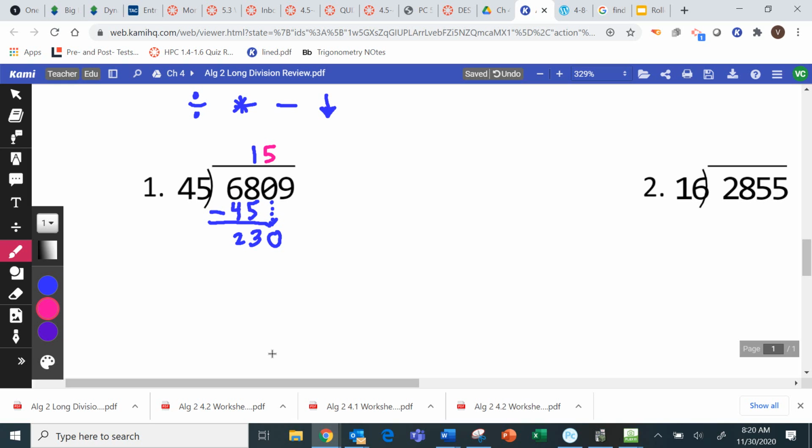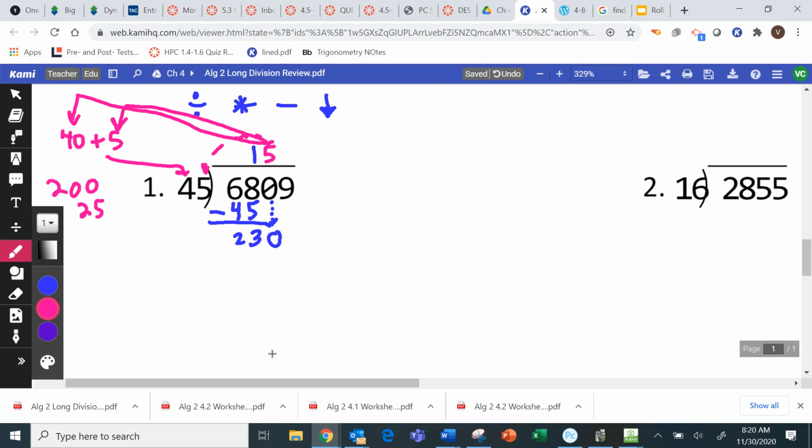I don't know what 45 times 5 is, so I am going to distribute. I'm going to think about 40 plus 5 being 45. I'm going to distribute the 5 to the 5, and I'm going to get 25, right? I'm going to distribute the 5 to the 40, and I'm going to get 200.